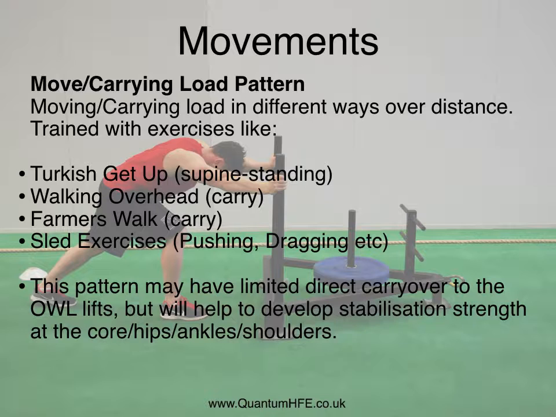We'll also be looking at using the farmer's walk, so again that'll be good for improving the grip, and also sled exercises, pushing, dragging, etc. And again, this pattern may have limited direct carryover to the lifts, but it will help to develop stabilization strength at the core, hips, ankles and shoulders.